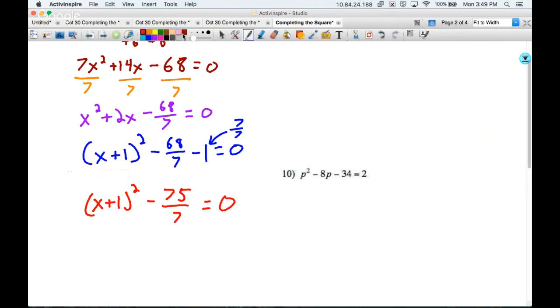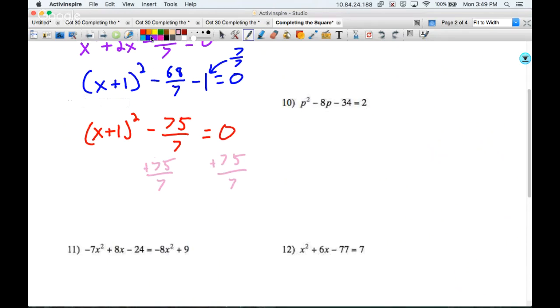Let's add that 75 over 7 to both sides. Now I get x plus 1 squared equals 75 over 7. Take the square root. And just keep going down.